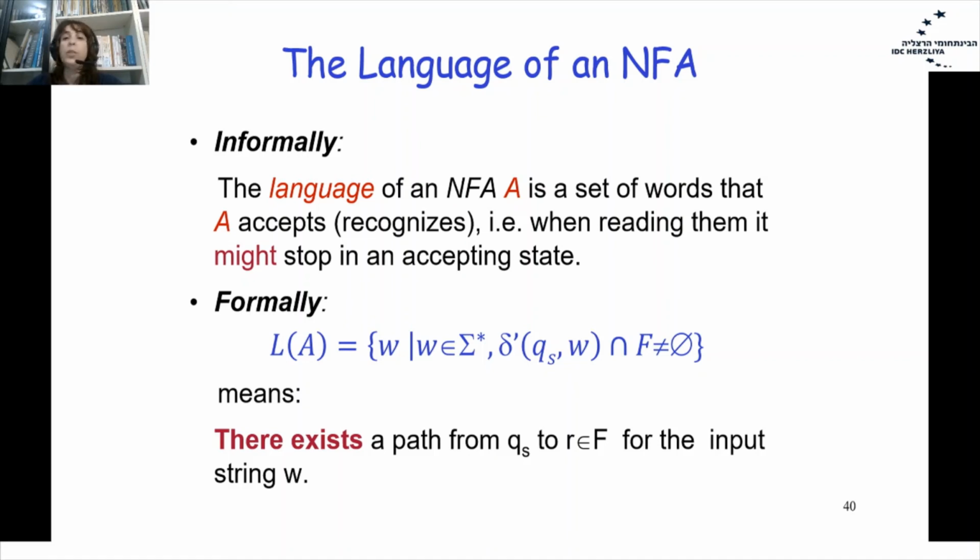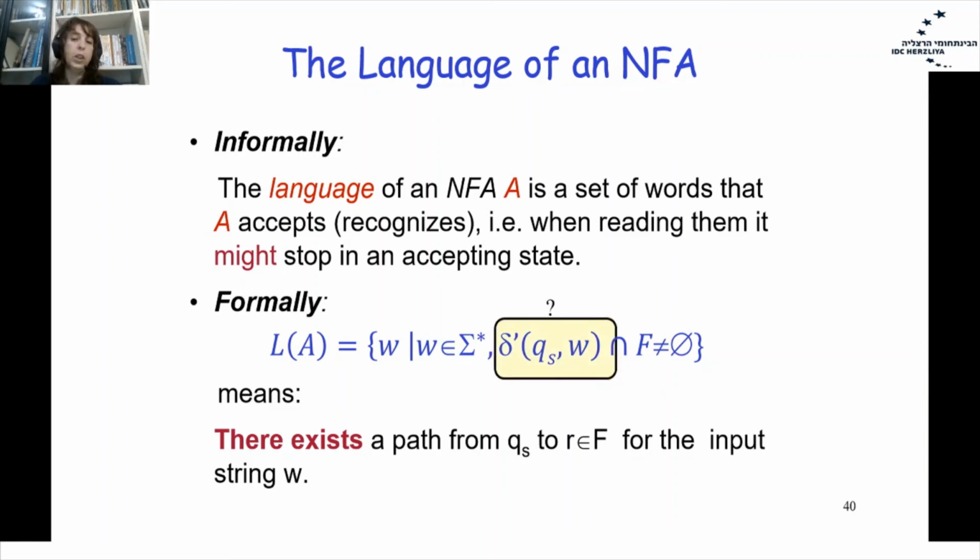If we need to define the language of an NFA in a formal way, we are talking about L of the automaton A that equals all the words W such that W belongs to sigma star, and delta hat of QS and W, intersected with F, the set of final states, is not empty, which means there exists a path from QS to some final state R. When we start reading the input W from the state QS, we finish reading it at R, an accepting state.